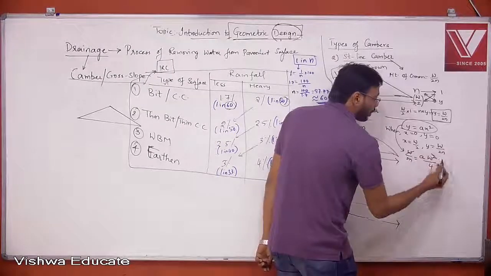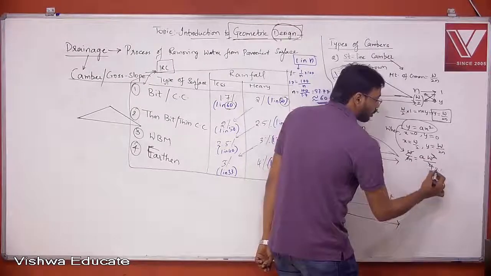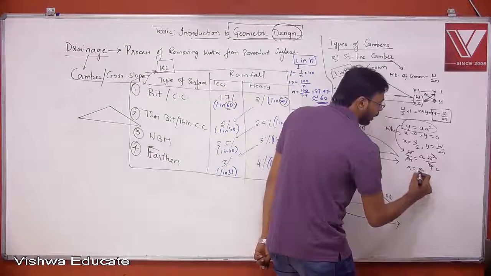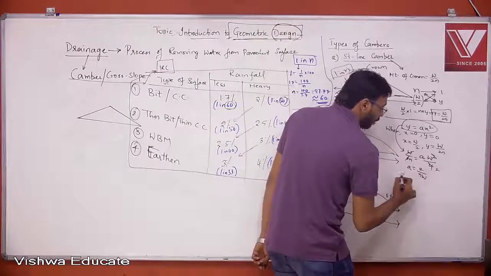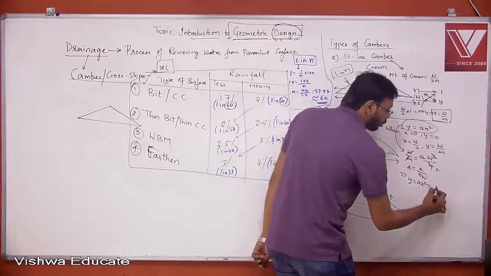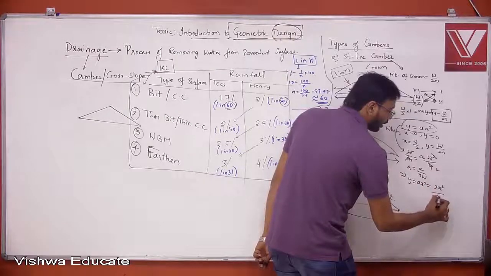So one W and one W get cancelled, and this 2 and this 2 get cancelled. So a is equal to 2 by nW. From this, y is equal to ax square, which is equal to 2x square by nW.